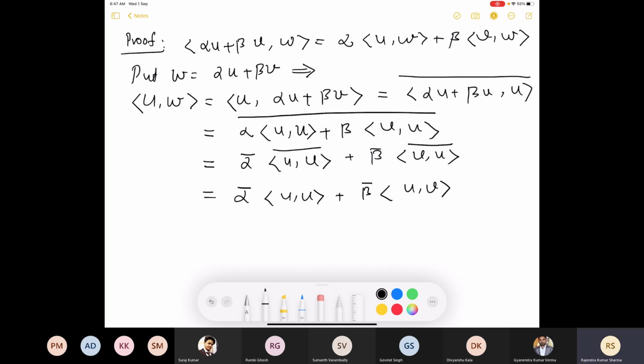Similarly, you can have this v comma w. So this v comma w means here you will have alpha bar. So wherever it is, v comma w means this is your v comma alpha u plus v.